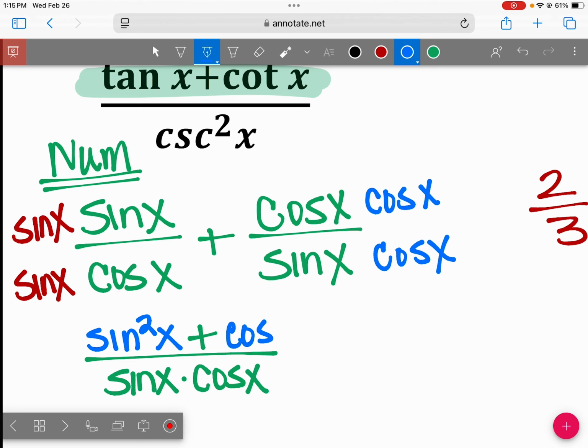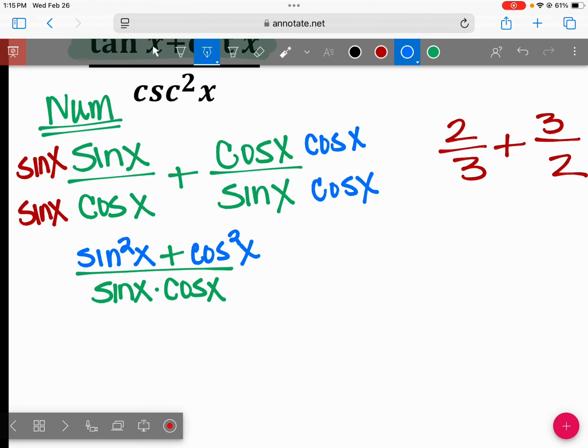Now, hopefully, you're recognizing something in the top. That's one of the most used identities. What is sine squared plus cosine squared equal to? 1. So we've gotten as far as we can go with that. So I have 1 over sine cosine. All right, I'm dividing that by cosecant.